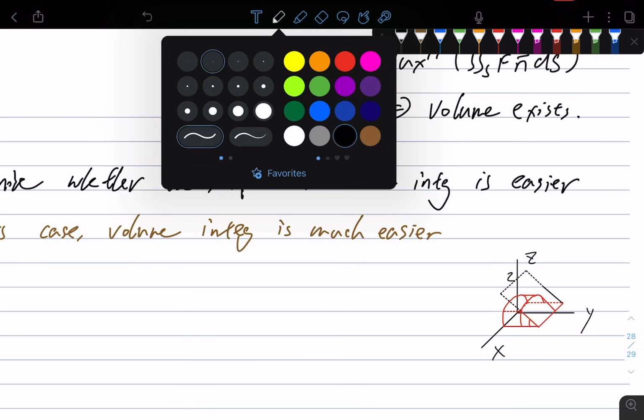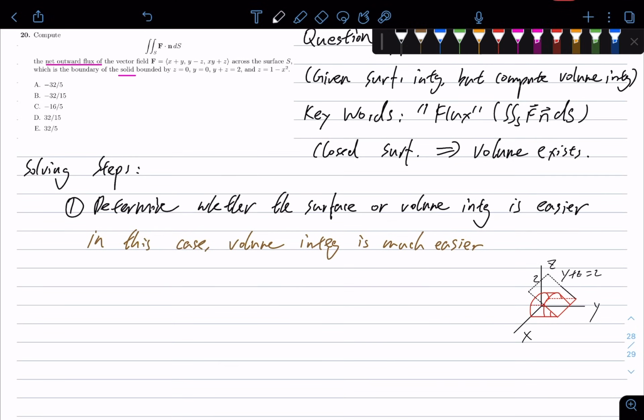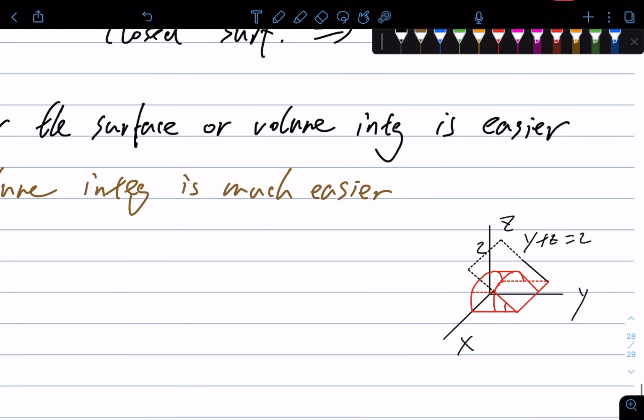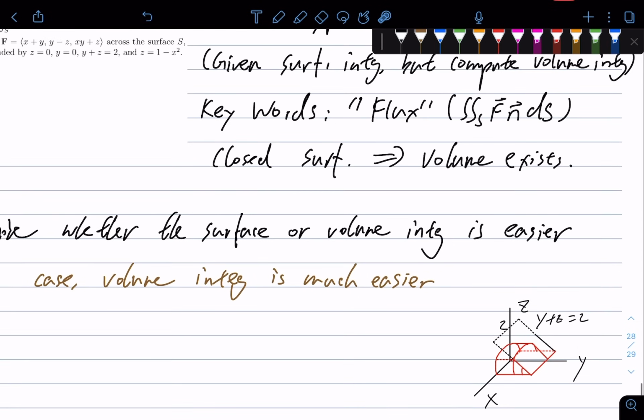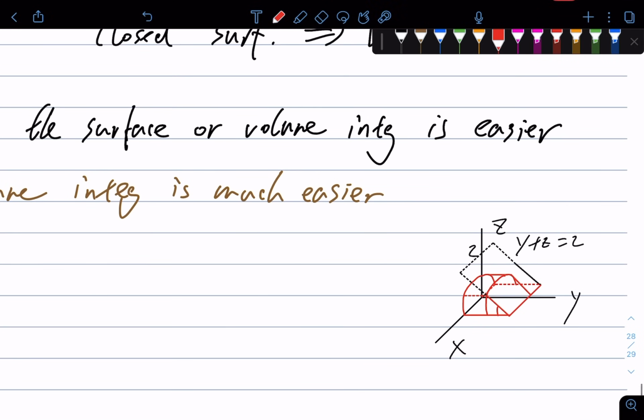So let me just make the line a bit thinner, right? This is y plus z equals 2, and then this thing that looks like an arch, like a tunnel, that is z equals 1 minus x squared.